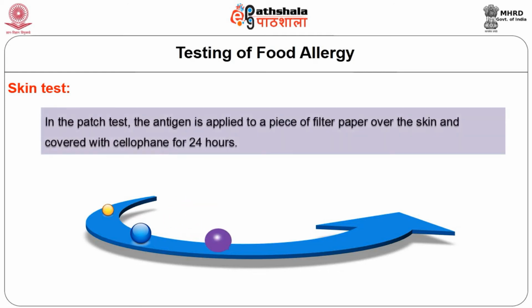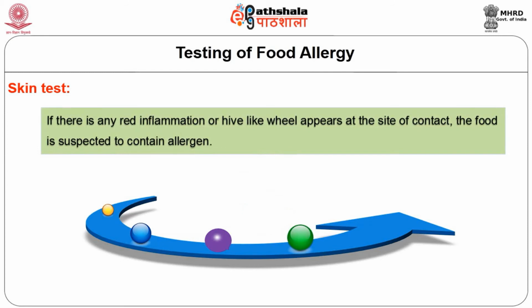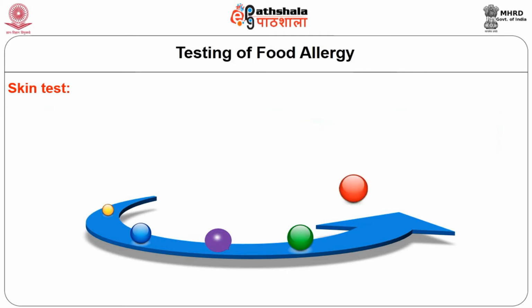In the patch test, the antigen is applied to a piece of filter paper over the skin and covered with cellophane tape for 24 hours, that is for 1 day. If any red inflammation or hive-like wheal appears at the site of contact, the food is suspected to contain allergen. This is a very simple test.